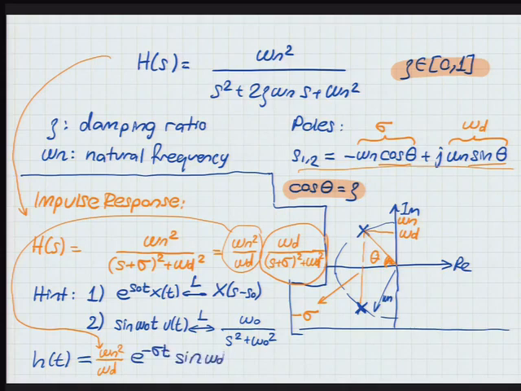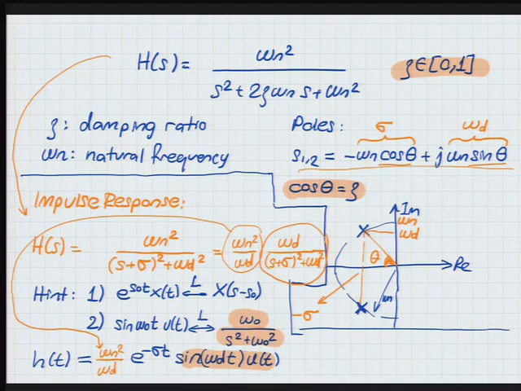Sine omega d t, times e to the negative sigma t, u of t, right? You all see this? So that multiplication with e to the negative sigma t, all that does is, first pretend it's not there, then the Laplace transform of what remains is basically like that, with omega 0 replaced by omega d.